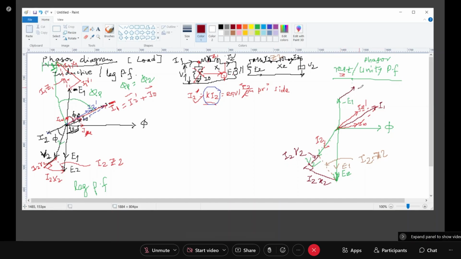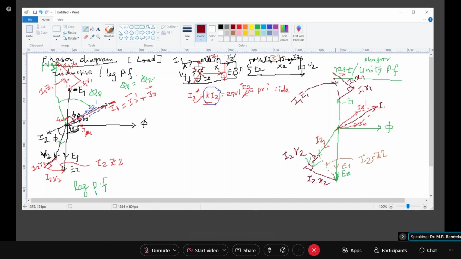This is I1 R1, and 90 degrees to that is my I1 X1. And when I add this together, I get the I1 Z1 drop.